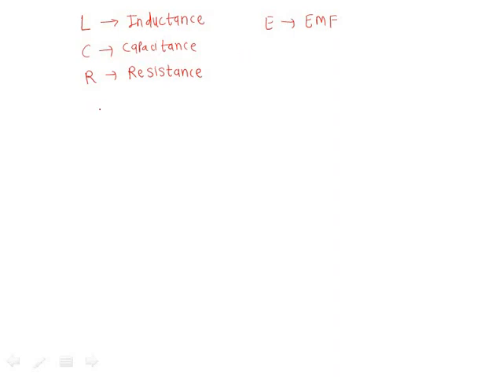So how can we make the differential equation of any electrical circuit? For that, one should know the voltage drop across inductance L is L di by dt. The voltage drop across capacitance C is Q by C. The voltage drop across resistance R is Ri.